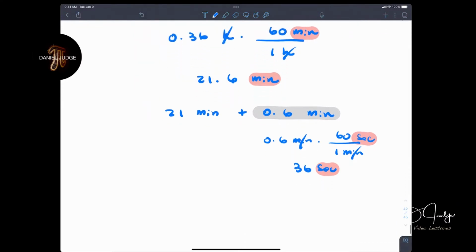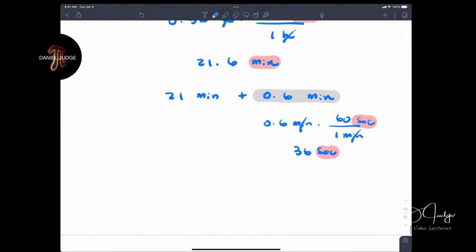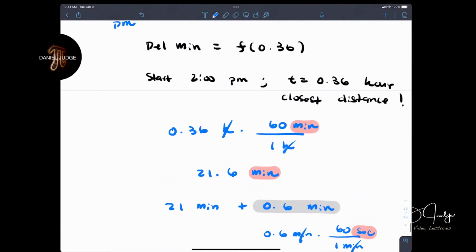So here's what this means. 21 minutes and 36 seconds later, after 2 p.m., you have the closest distance.